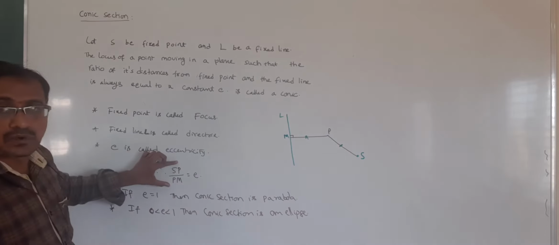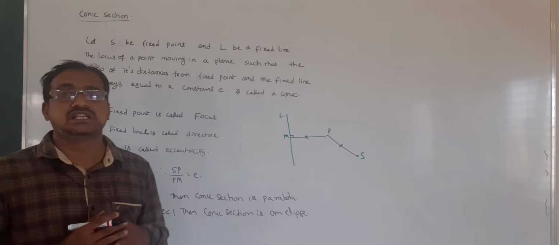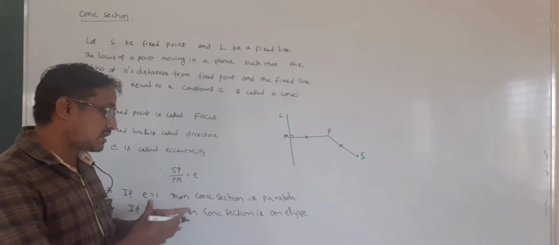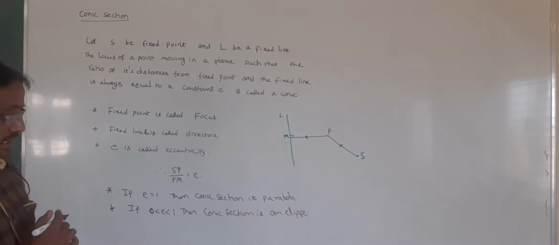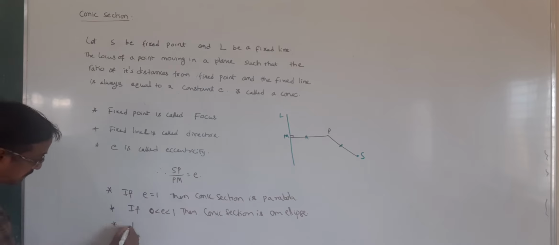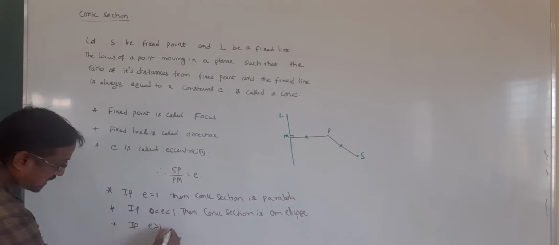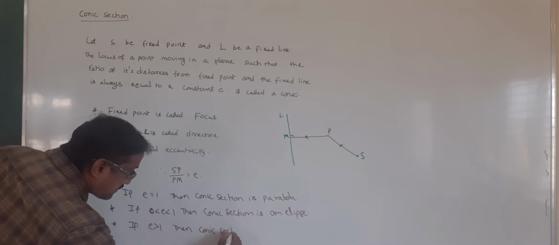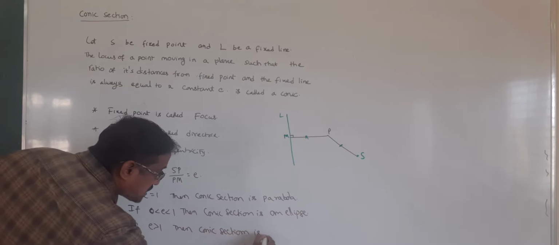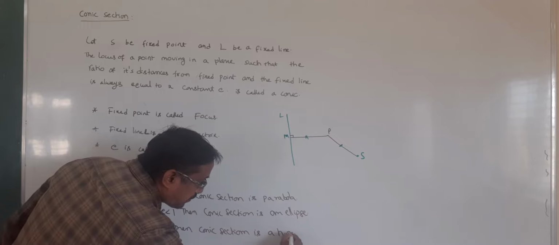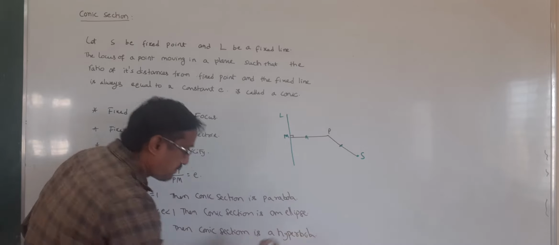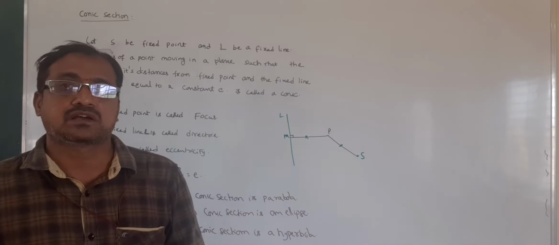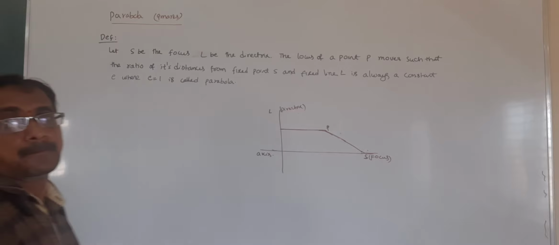When this ratio SP by PM is less than 1, then the conic section will be an ellipse. If E is greater than 1, then the conic section is a hyperbola.